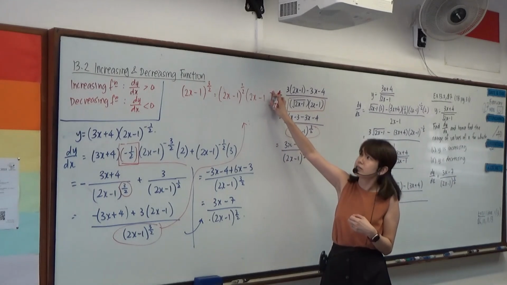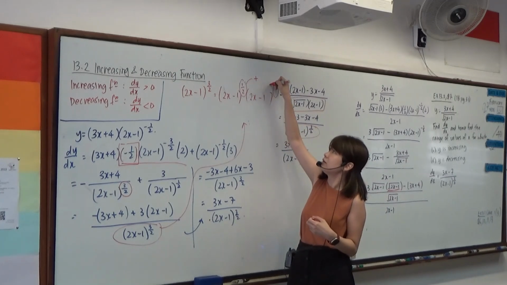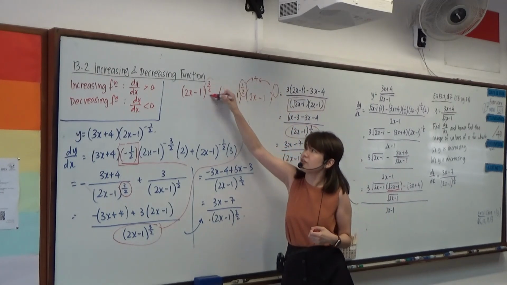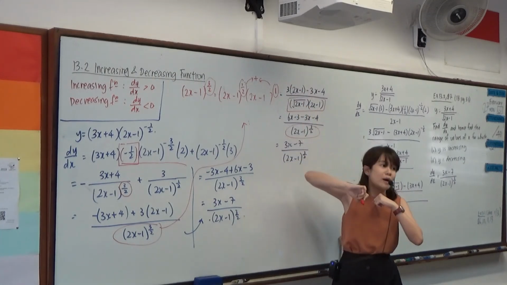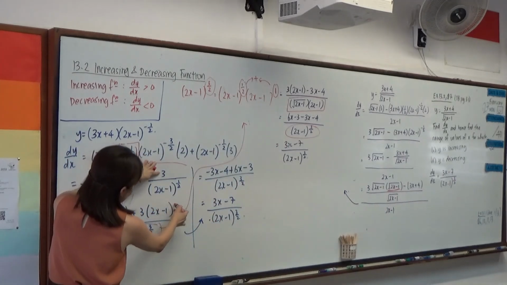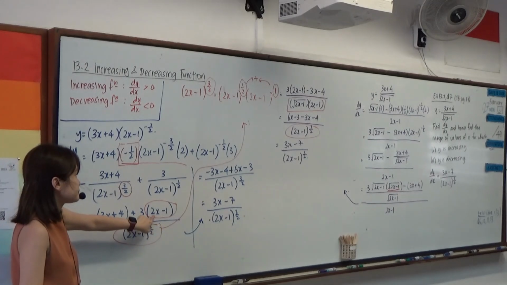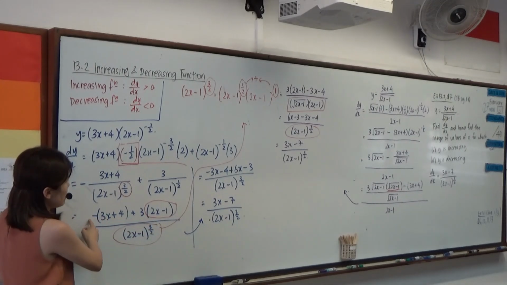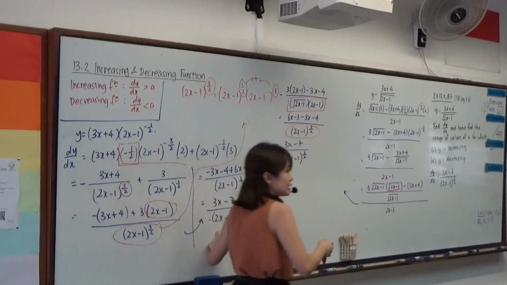Just that the power itself, half and something, must add together to give me my 3 over 2. Therefore, the power here must actually be 1. Which explains why eventually my 3, I multiply with a 2x minus 1 in the numerator. Then after that, I expand the numerator and simplify, and I'll get this one already.